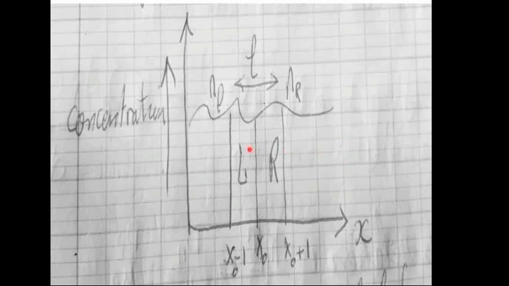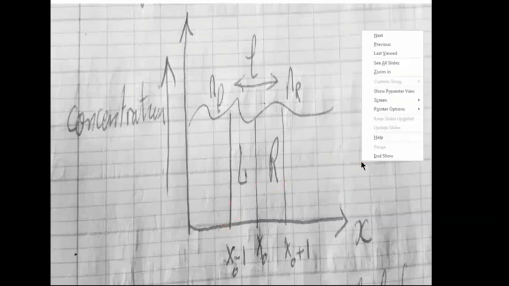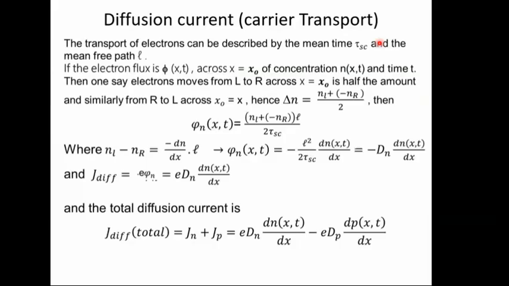So in this case, going from x0 to x0 plus l, from L to R, should be the same amount as going from x0 to x0 minus l, from R to L. So let's then go back to the derivation.